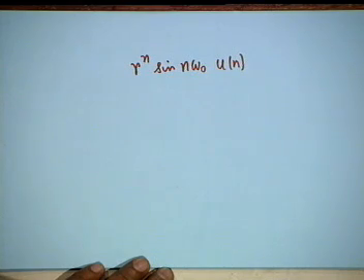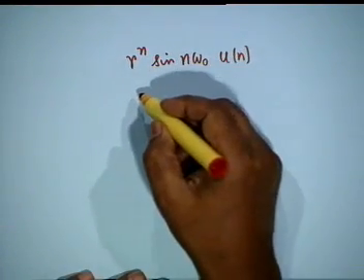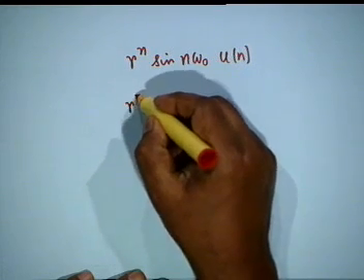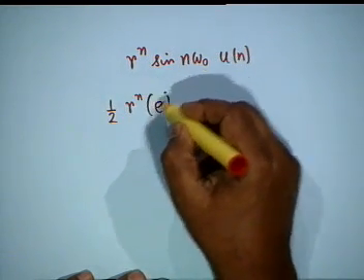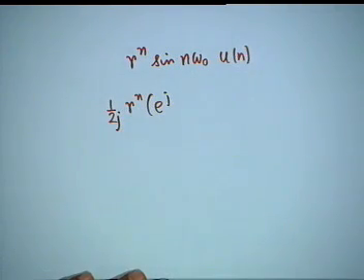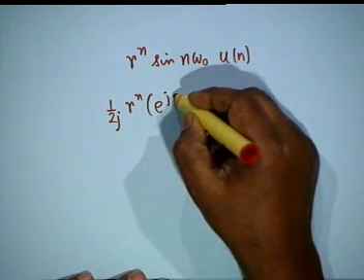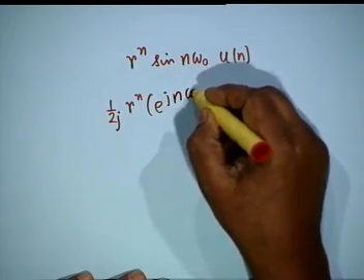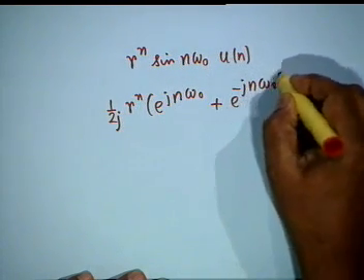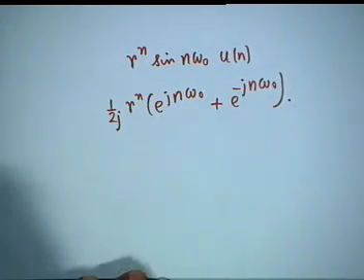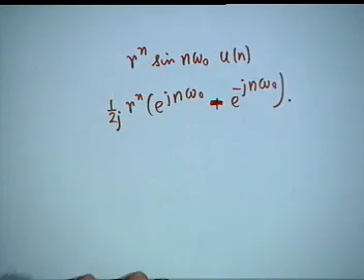Now, if I want to calculate this ab initio, then we write this as r to the n, 1 by 2 j, r to the n e to the power j n omega 0 plus e to the power minus j n omega 0. That is correct, minus. Alright.